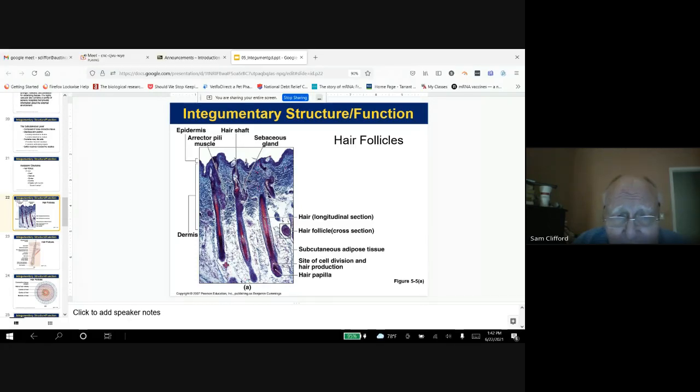So hair cells originate in the dermis. They proceed to the exterior, and they're lined with epidermal cells. In the dermis, you have blood vessels, nerves, sensory receptors, erector pili muscles, sebaceous glands.